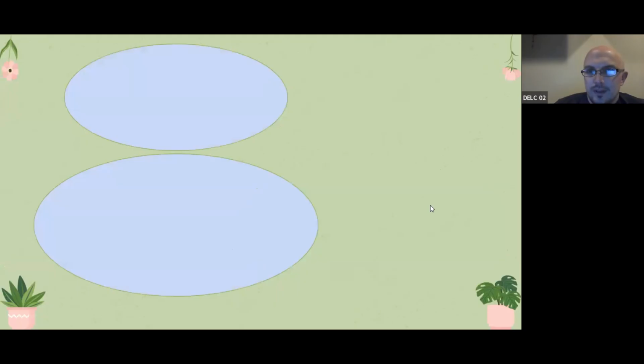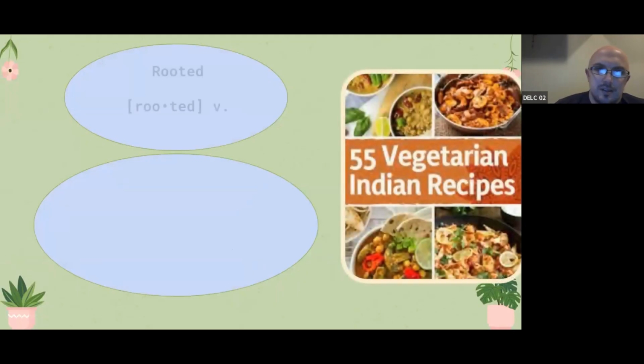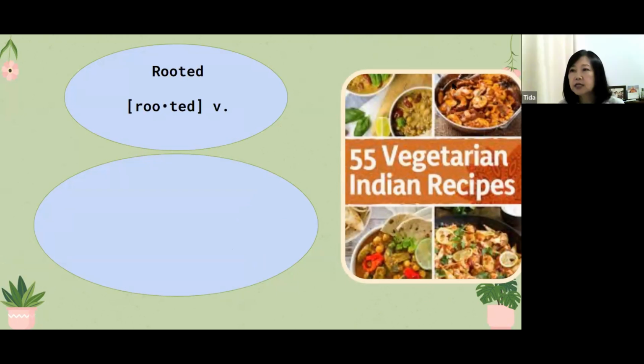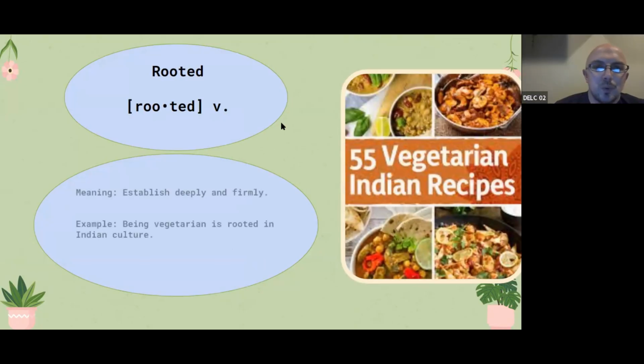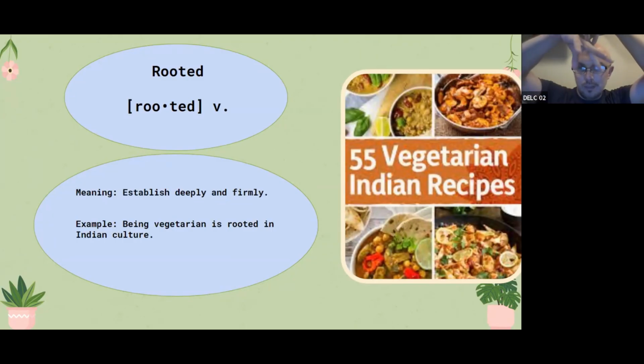Okay. And next is rooted. Rooted. Everyone, can we say rooted? Rooted. Very good. When we say this word rooted, we can think about a plant or a tree, and the bottom part of the plant that goes into the ground, we call these roots.